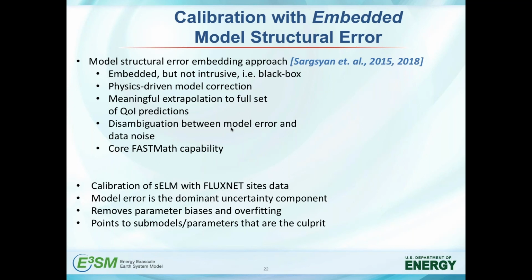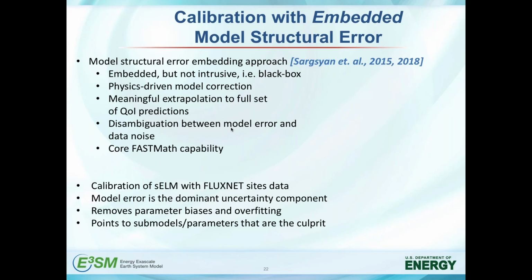But we don't always have that, and there may be structural errors that are contributing, in which case we can't simply calibrate parameters. But we can deal with structural error by embedding it into our assumptions about the parameter errors themselves based on model physics, and use that to do meaningful extrapolations to full sets of predictions of our quantities of interest.